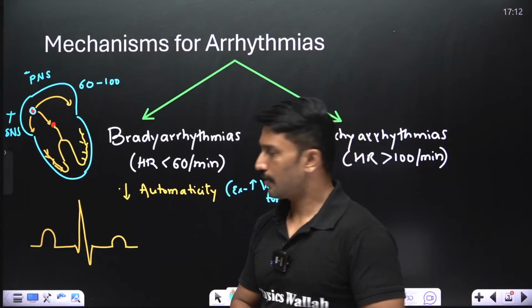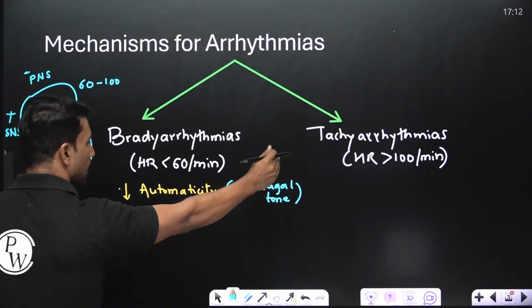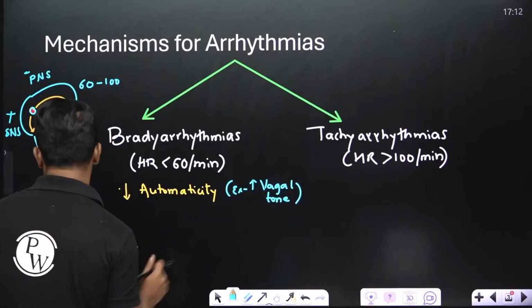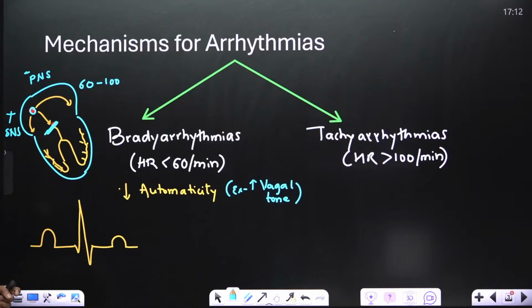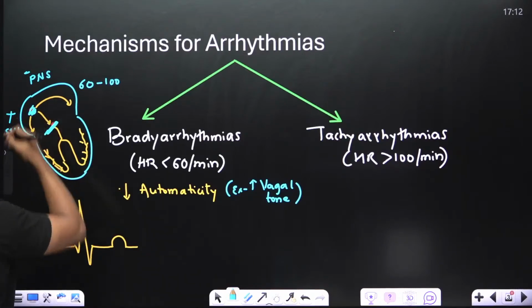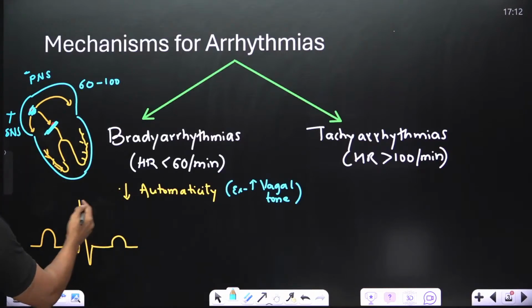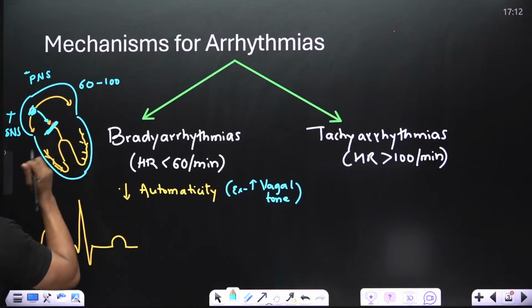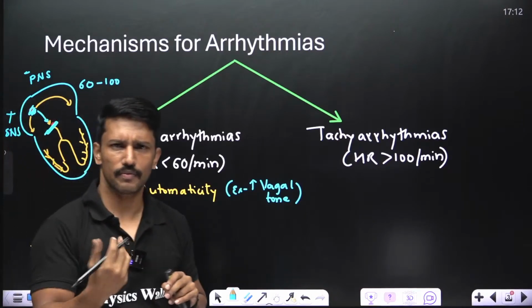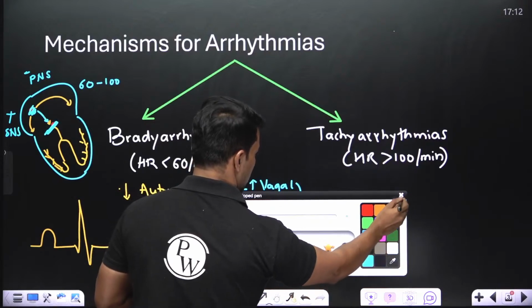The second mechanism: increased vagal tone or decreased sympathetic nervous system tone can cause bradyarrhythmias. The other thing is I can develop an AV block, or I can even develop damage to the SA node. If I cause damage to the SA node, the automaticity will automatically come down, right? Or I can block the AV node. If I'm blocking, the number of impulses going through this block to the ventricle will come down. That is what we call AV blocks, right? So decreased conduction is another mechanism.